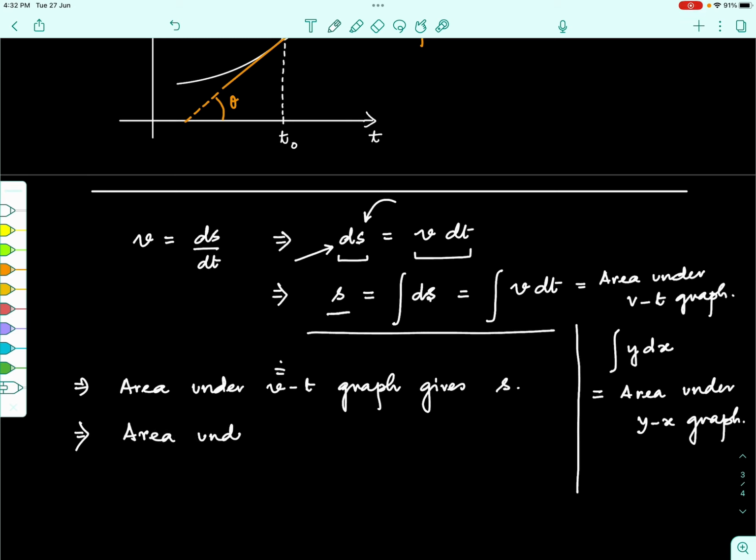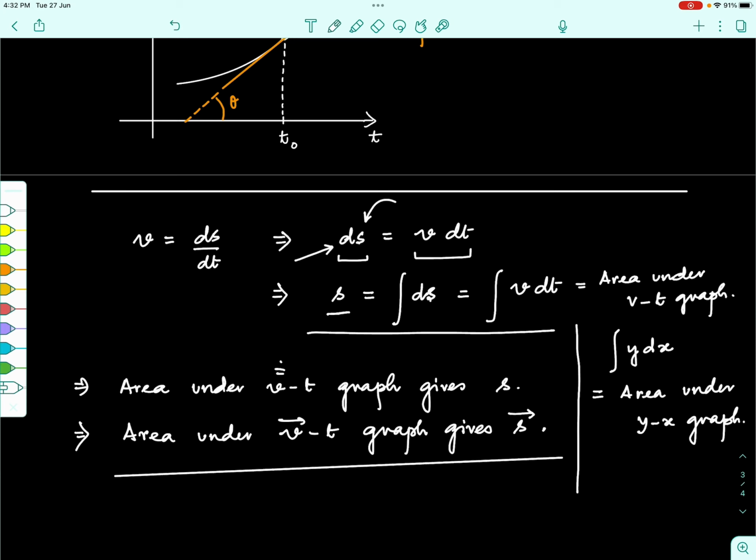The area under the velocity time graph gives displacement, right? So, these results that we have obtained here are very important results, because graphically sometimes it becomes quite simple for us to solve the question if we know these results already, right?